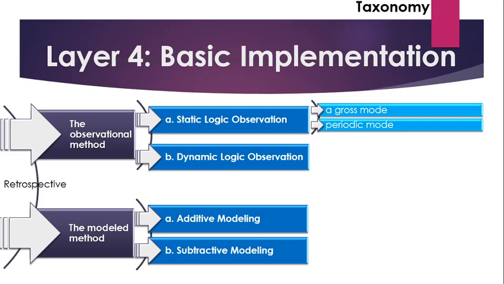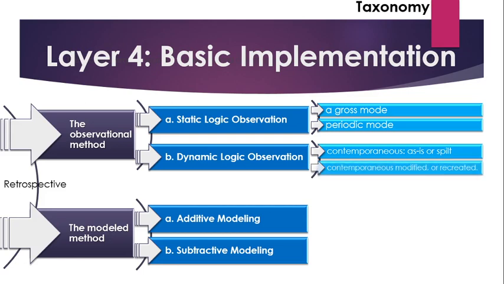The dynamic logic method can be implemented as contemporaneous as-is, contemporaneous split, contemporaneous modified, or recreated. Both choices contemplate the use of the schedule updates that were prepared contemporaneously during the project.